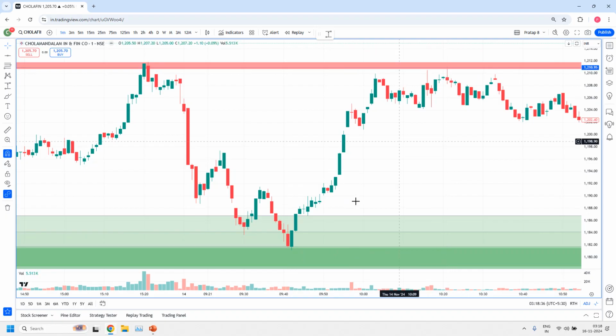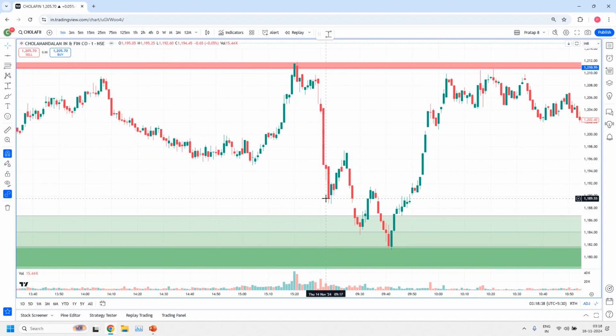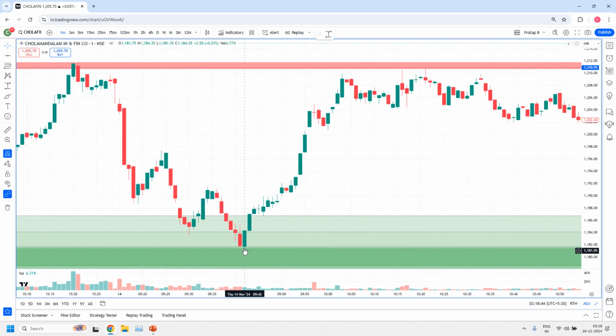You know how much profit this zone has given? It has given 11.8% ROI. When you got the trade, morning 9:42, 1 minute candle, and when it reached the actual target, this 1 minute, 10:21, that means in 40 minutes the trade is completed.